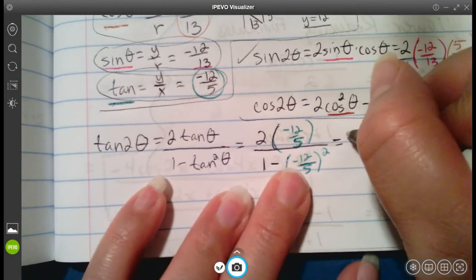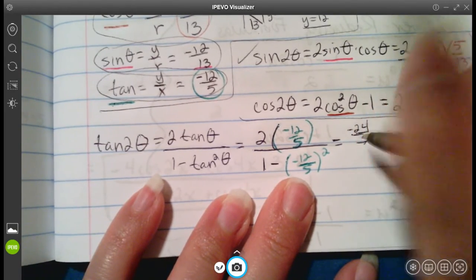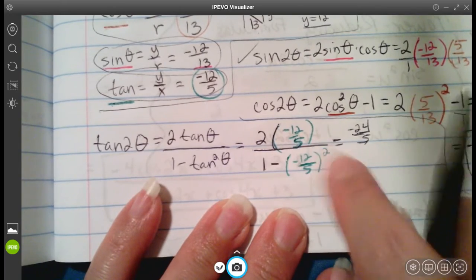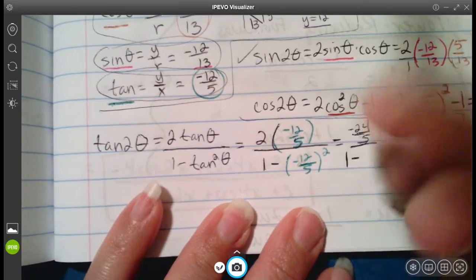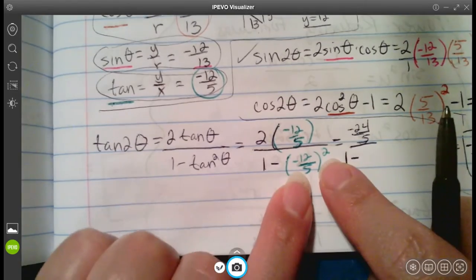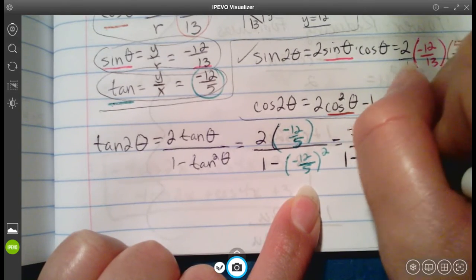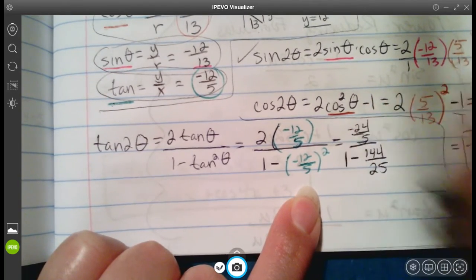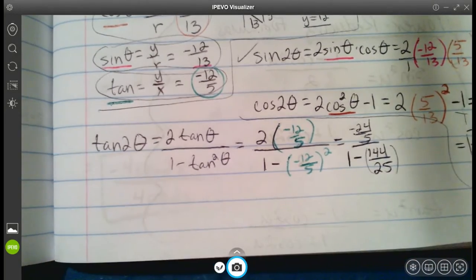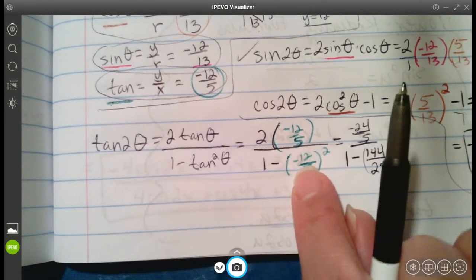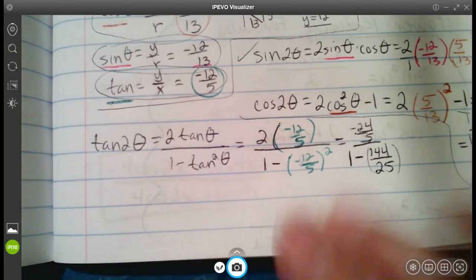This would be negative 24 over 5, because you're just multiplying the 2 times the 12, over 1 minus, we're going to square this, so we're thinking 144 over 25. You can put it in parentheses if you want, because you still have the minus here. The negative becomes positive because we square it, but once you subtract, it's a little bit different.